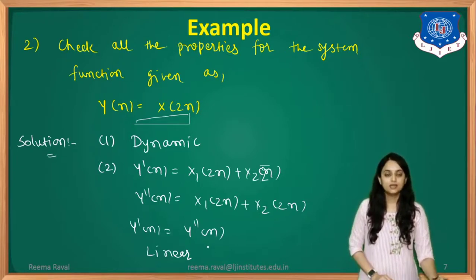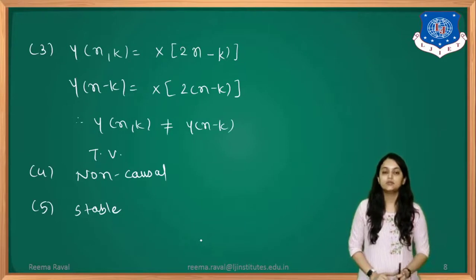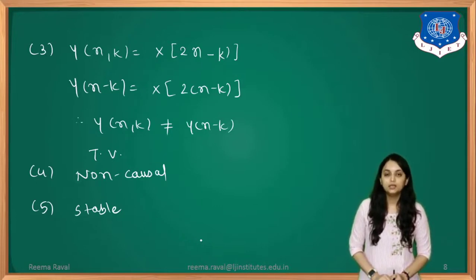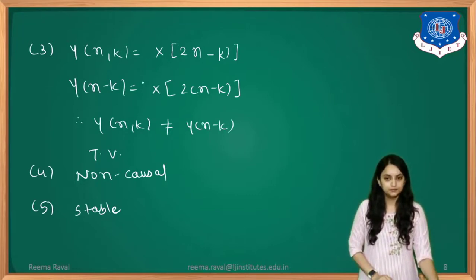Now let's check the third property, that is whether the system is time variant or time invariant. For that, first we need to delay the input by k samples, and we will denote it as y of n, k. Here the input is x of 2n, so x of 2n minus k is our first function.